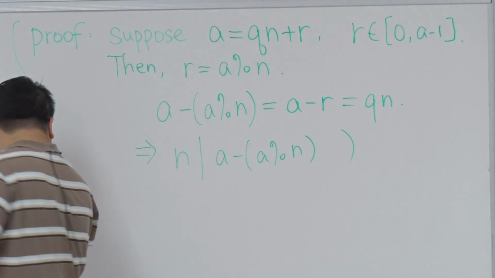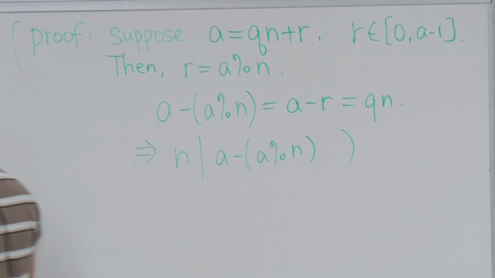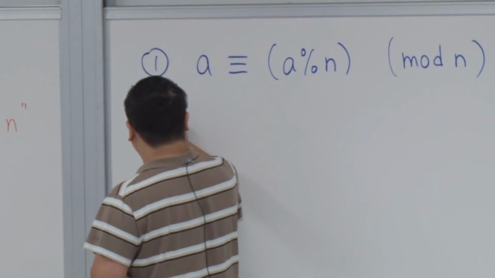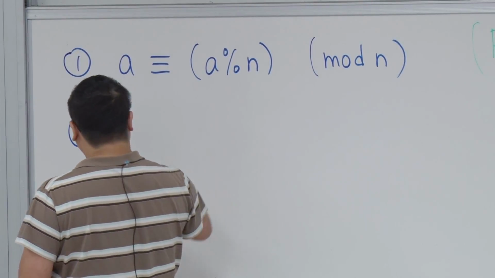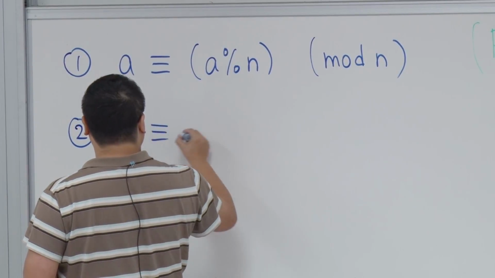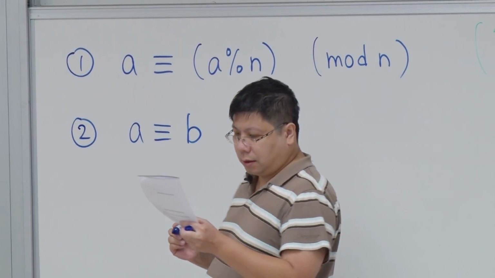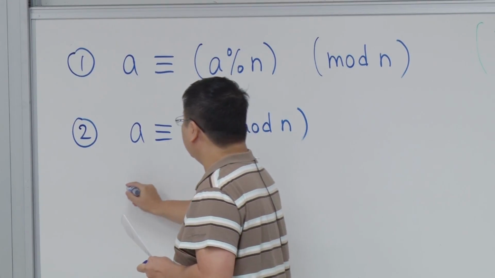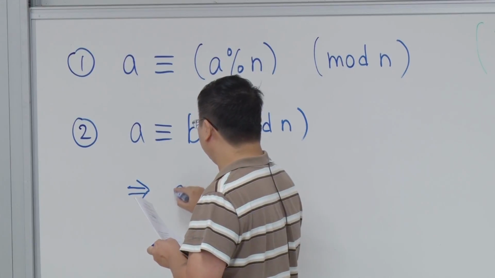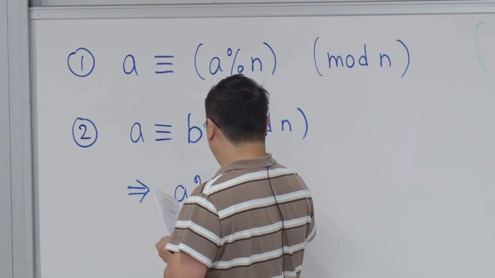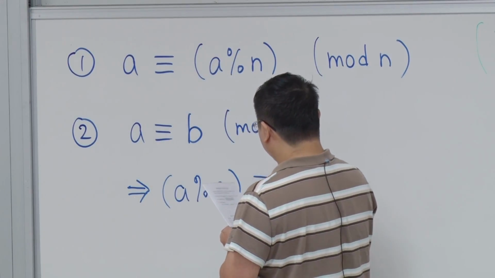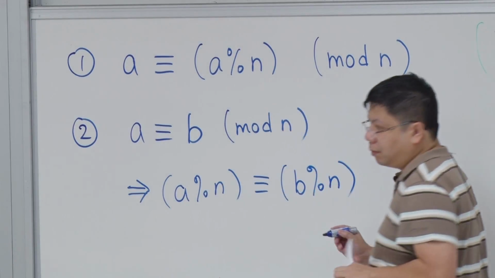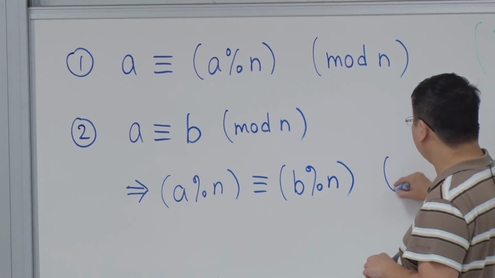And then similarly, we will also have the second one. If A is the same as B under modulo n, this implies the remainder of A is the same as the remainder of B when you divide by n.